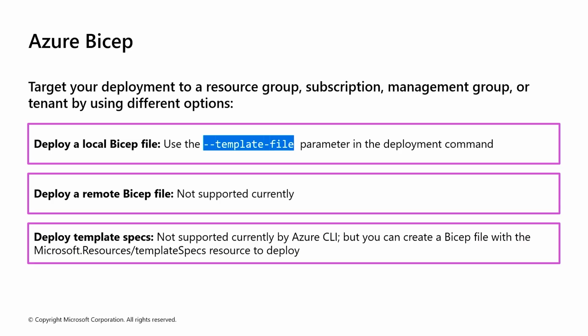The code demonstrates how to deploy Bicep templates to different scopes, such as resource groups, subscriptions, management groups, or tenants. Azure Bicep simplifies infrastructure as code by offering a more readable and maintainable syntax than traditional ARM JSON templates, automatically handling resource dependencies. Its benefits include consistent deployments, improved developer productivity, and seamless integration with Azure Resource Manager.